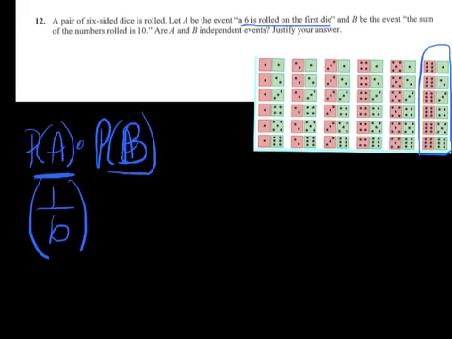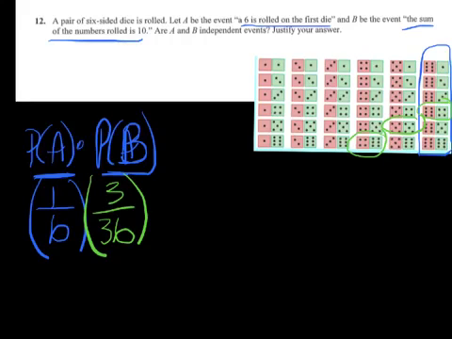Probability of B. The sum of the numbers rolled is a 10. The sum of the numbers rolled being a 10 is going to happen as a 6-4, 5-5, and 4-6 combination. So that's going to happen in 3 out of 36 cases. If you multiply these together, you'll get 1 out of 72.